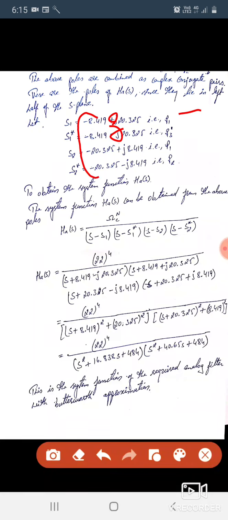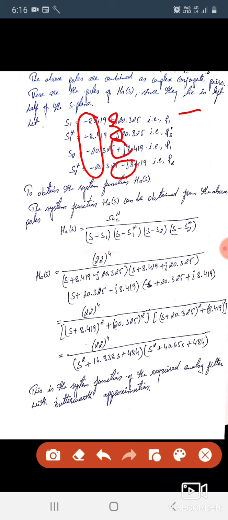Observe here all of the values we took are negative, meaning towards a stable system only. Poles are towards your LHS. Then S2 star is the complex conjugate of the value.